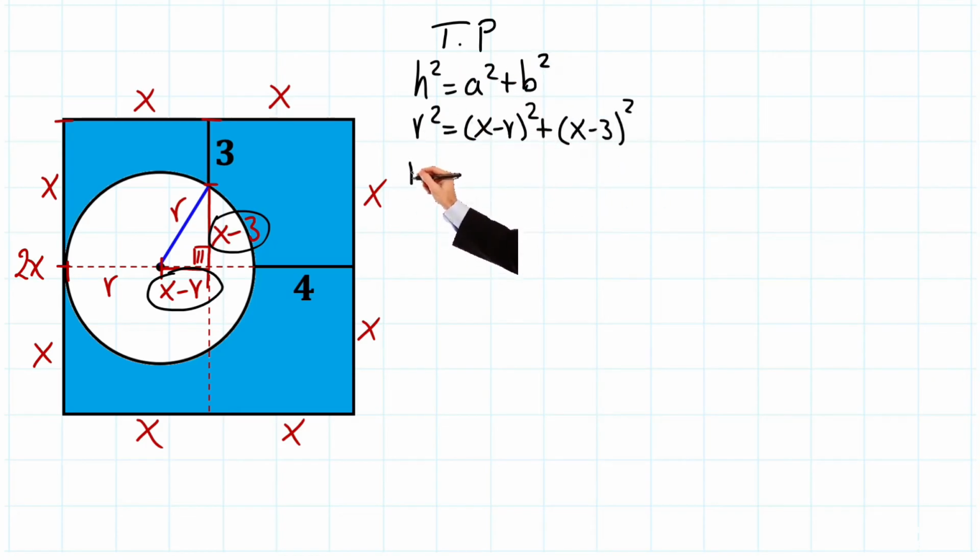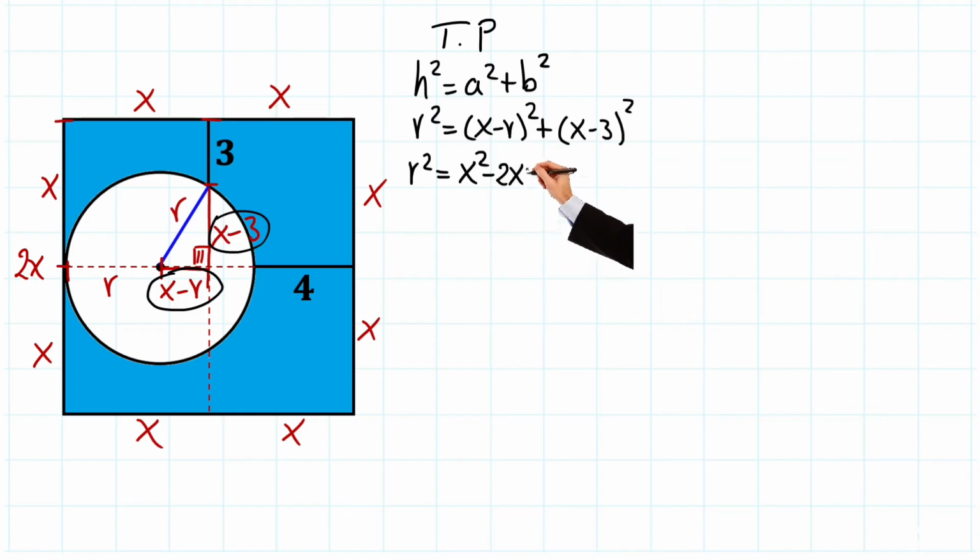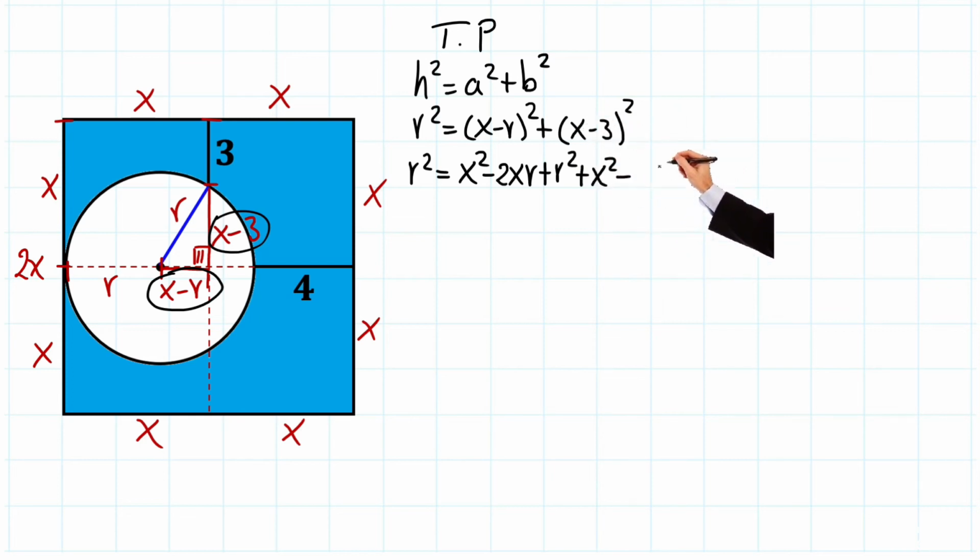Here we have r squared equals the first term squared, which is x squared, minus the double product, the first by the second, 2 times x times r, and plus the second term squared, which is r squared. Then we have this plus, and then we develop this binomial: first term squared, x squared, minus double the product of the first by the second, 6x, and plus the second term squared, 3 squared gives us 9.